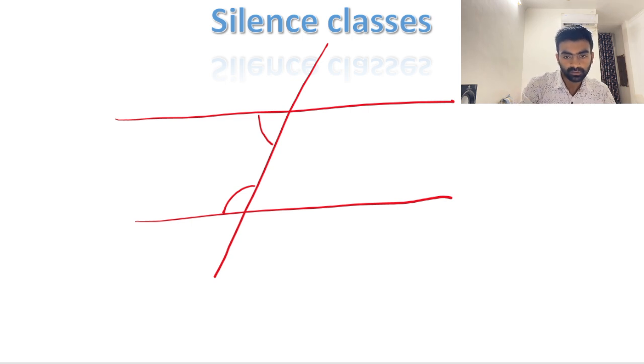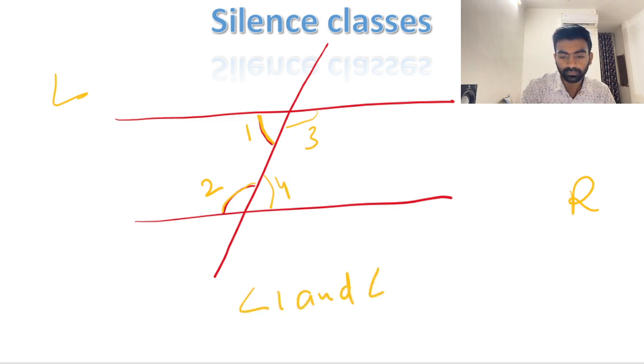If the transversal is cutting and the interior angles are on the same side, the left hand side or the right hand side like this, they are known as co-interior angles. Angle 1 and angle 2, angle 3 and angle 4. Angle 1 and angle 2 are known as co-interior angles.